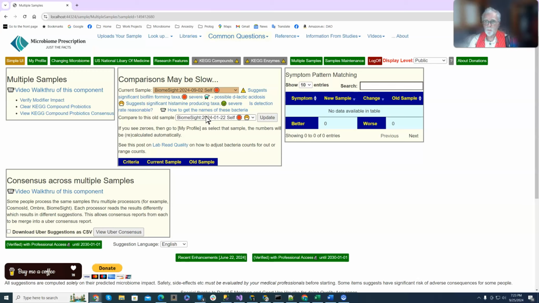So you have to have symptoms recorded on each one of the two samples in order for this table to show up. And now we just do an update, and we are spinning. So we'll be there in a moment.